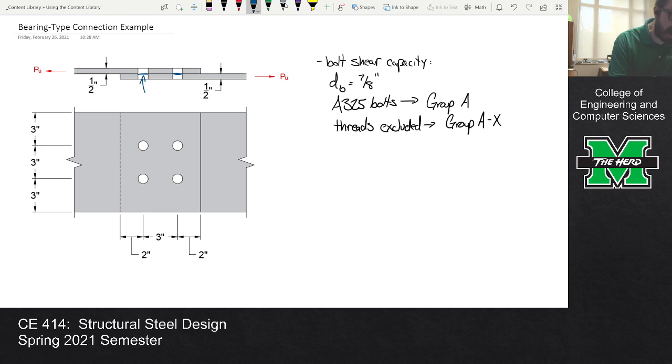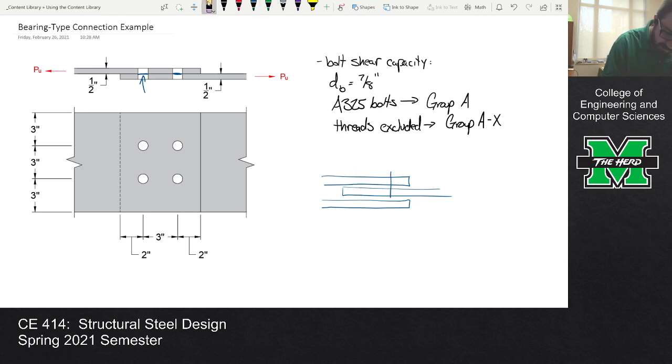So to put that in context, if I had this, and I had bolts going through it like that.